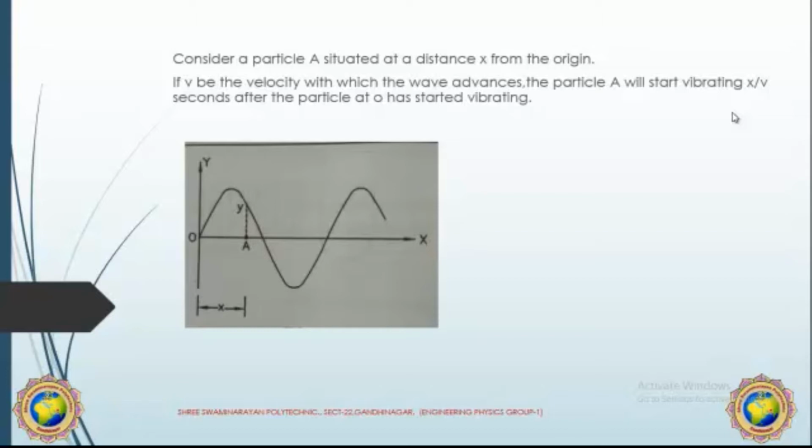Therefore, the displacement of the particle A is found by putting t minus x by v for t in equation 2.